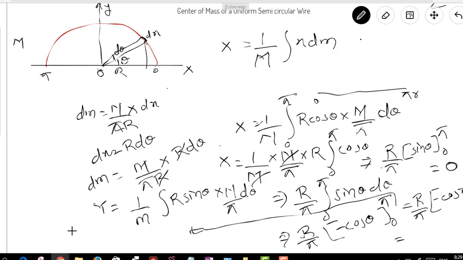It will become r by pi into cos 0 minus cos pi. What is the value of cos pi? Cos pi is minus 1. Then this will become 1 plus 1, which is 2r by pi. So the center of mass will be at 0 and 2r by pi.